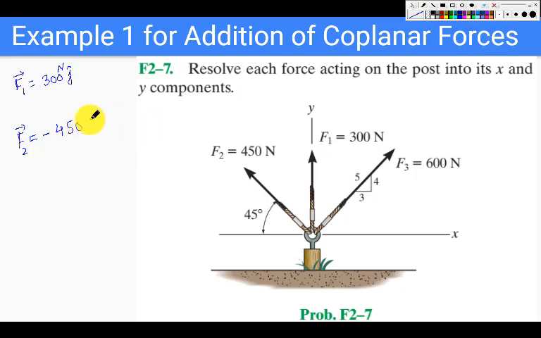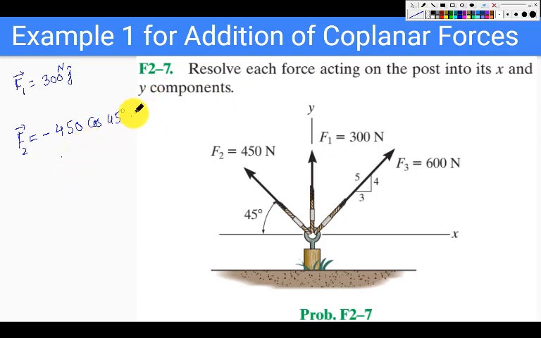times sine of 45 degrees, or actually this has to be a cos, but because the angle is 45, it doesn't matter. So let's make it as clear as we can. So this is cos of 45 degrees.